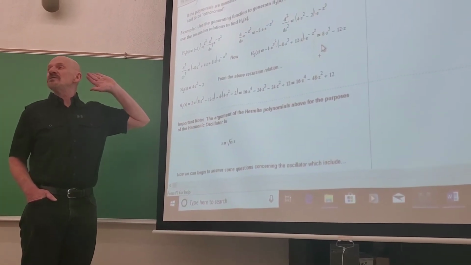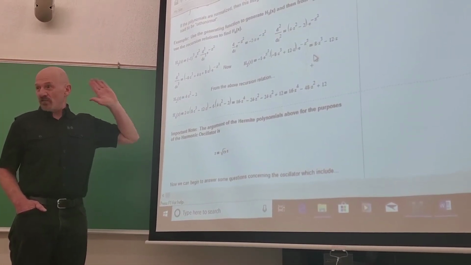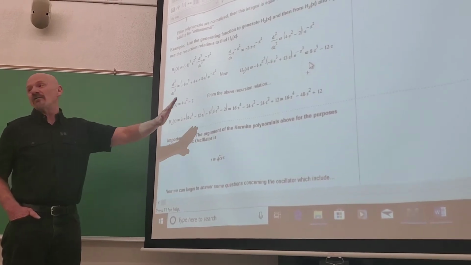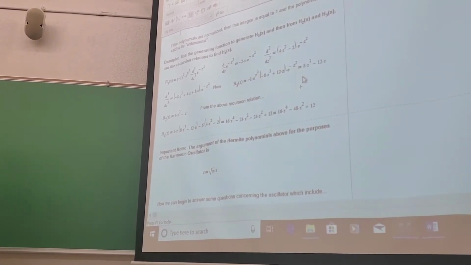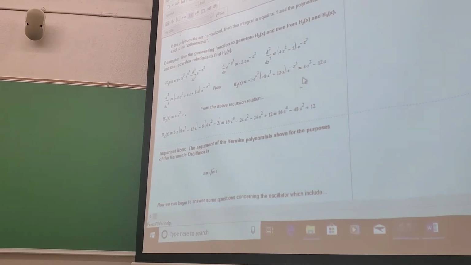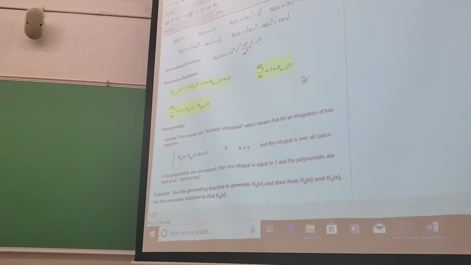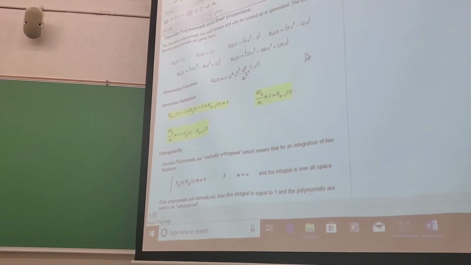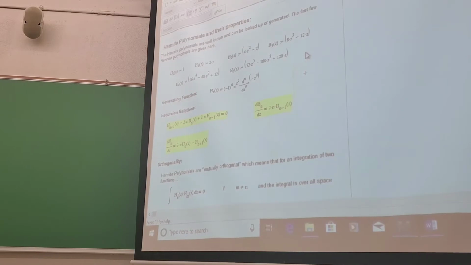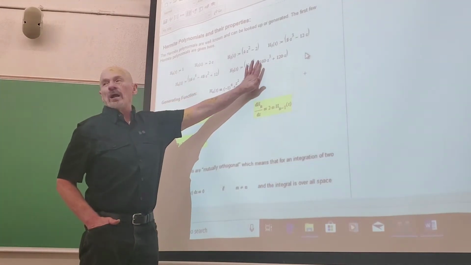I'm having you take H3 and H4 and generate H5. So it follows exactly what I've done there. Just verify that it produces the 5th Hermite polynomial, which I have the answer right here on page 7. So you already know if you've got it right. So there, you should generate that polynomial.